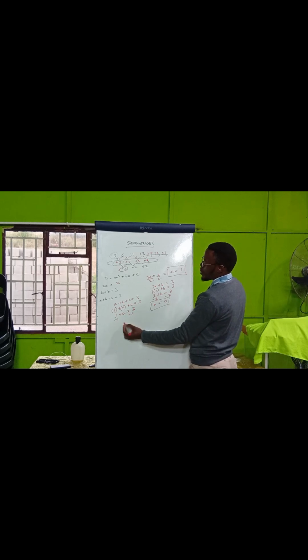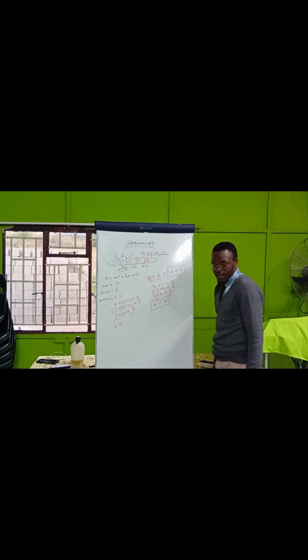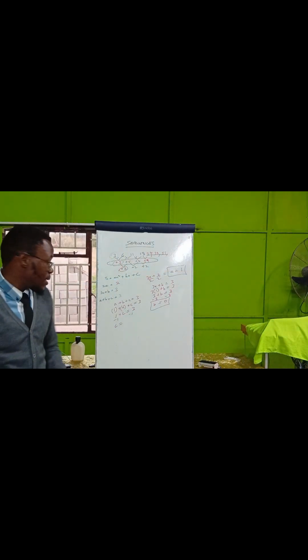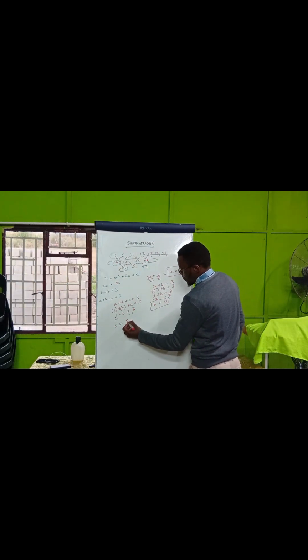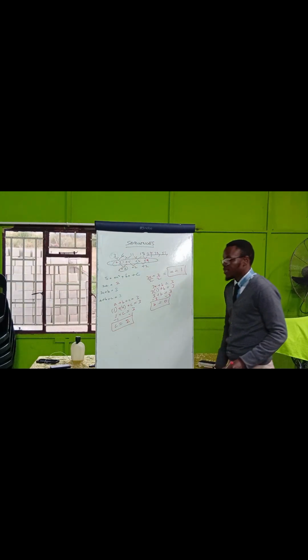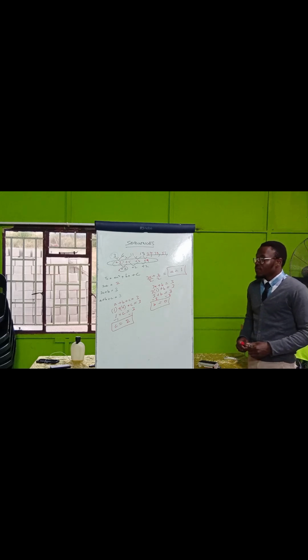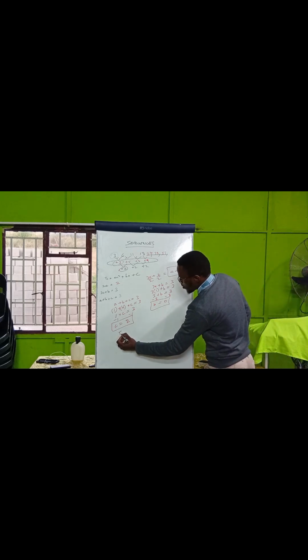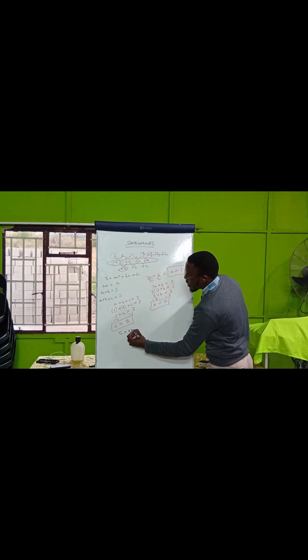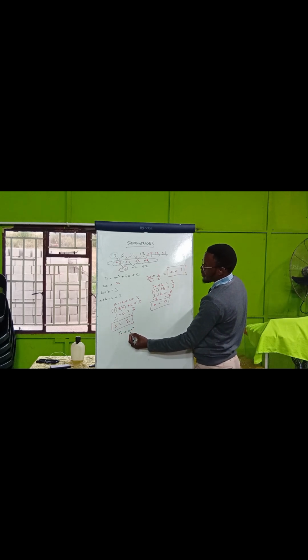So the unknown is c. Therefore, subtract 1 both sides. Then 3 minus 1 is equivalent to 2. So this is the last value that we have found. Having all 3 values, we will now substitute them into the original Tn equals an squared plus bn plus c.